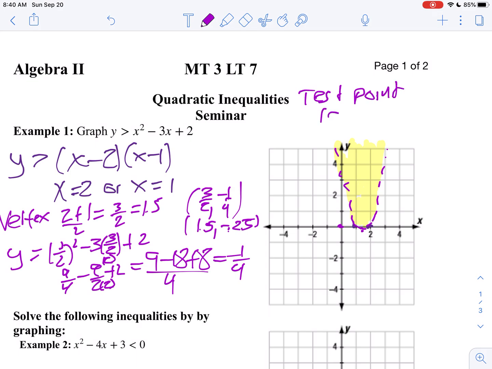Let's substitute 0 in for x and y. That's why I like to pick it, because nice things happen. We get 0 is greater than 2. Is 0 greater than 2? That's false. So we don't shade the side with 0, 0, since it's false. We shade the opposite side, which is inside the parabola.